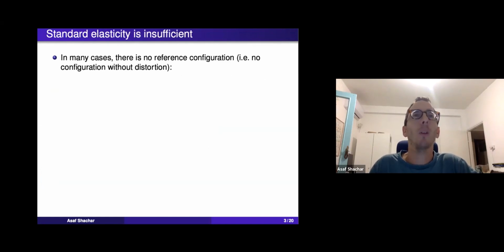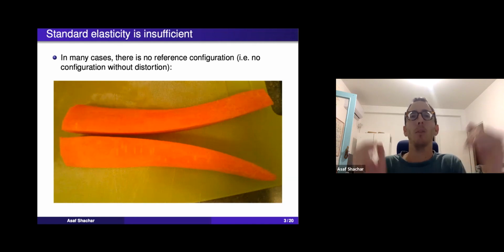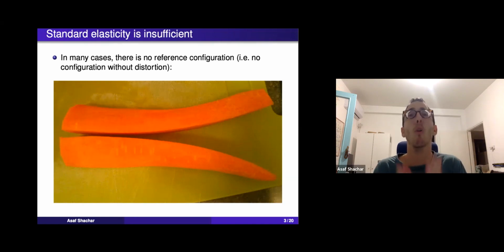It turns out that sometimes this model is insufficient to describe various kinds of natural phenomena occurring in nature. Here's an example where you do not have a configuration without distortion. This is a real carrot, which my colleague Shimar cut in his kitchen. After the carrot has been cut, you can see that it has been deformed.